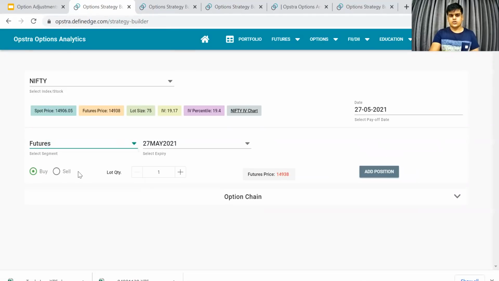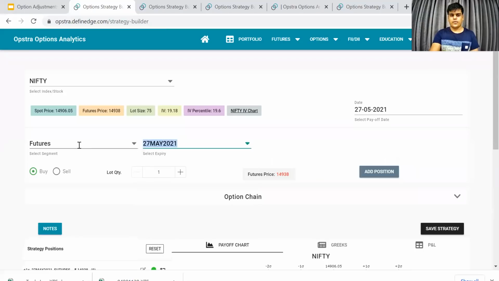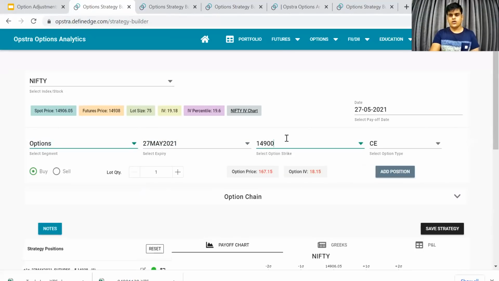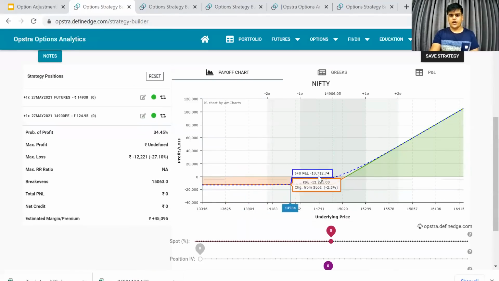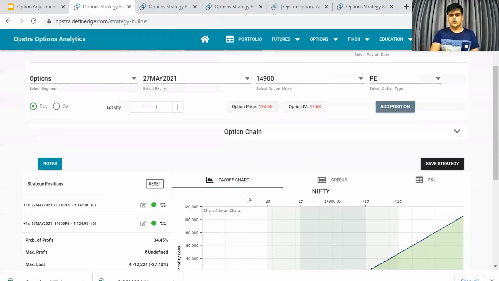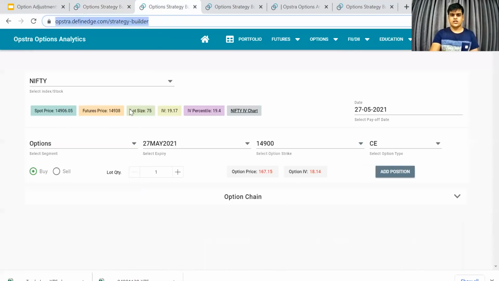So stock price, in the case of futures, will be the futures price. So futures price plus the put price, which means the ATM put. You can see this is the payoff. So this is basically the future, S plus P. Stock price plus put price is equal to call price. So let's see what we get if we buy a call.